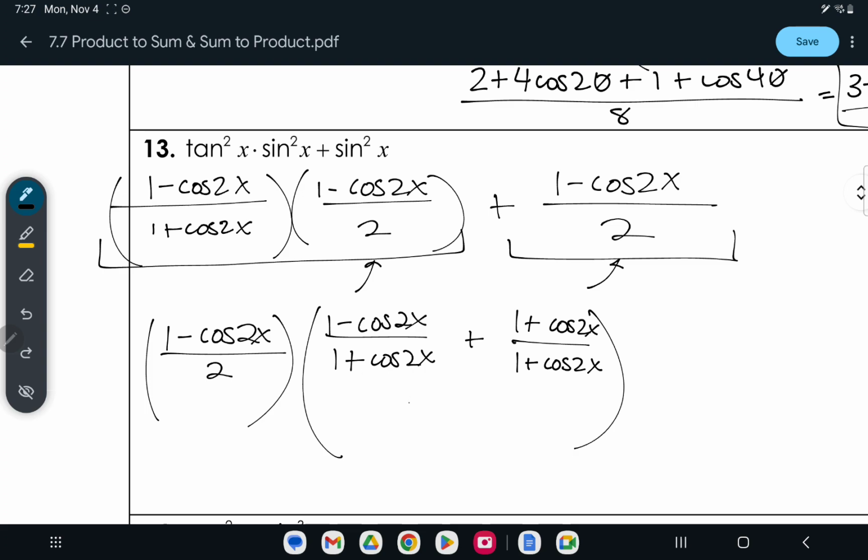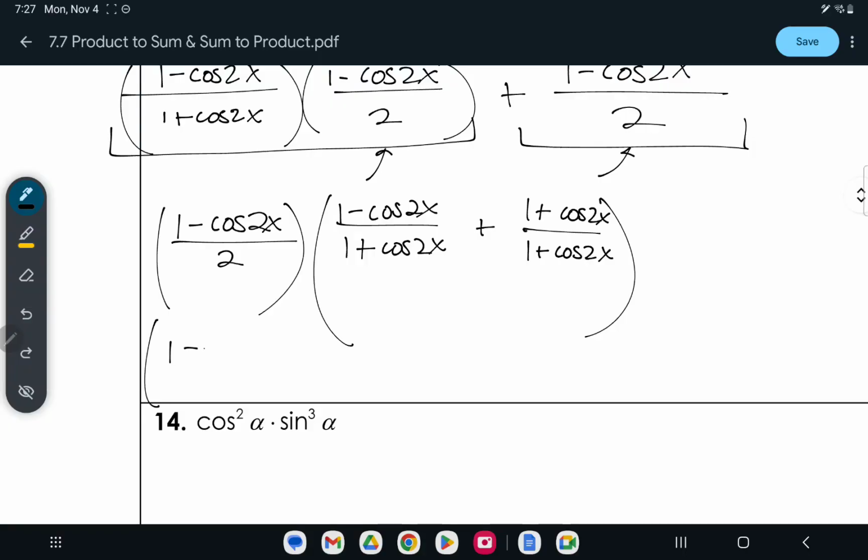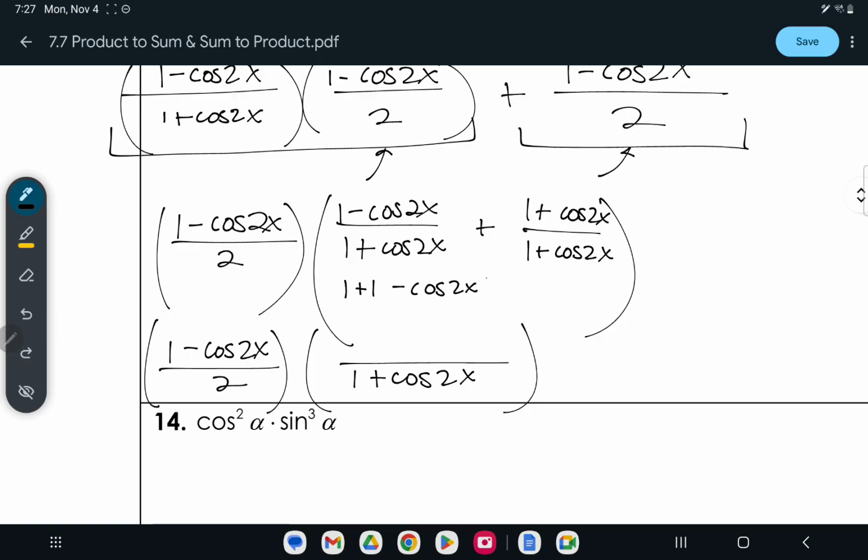And now I can combine the numerators. So I'm going to leave this on 1 minus cosine 2x over 2. My common denominator is now 1 plus cosine 2x. 1 plus 1, and then I have negative cosine 2x plus cosine 2x, and 1 plus 1 is 2.